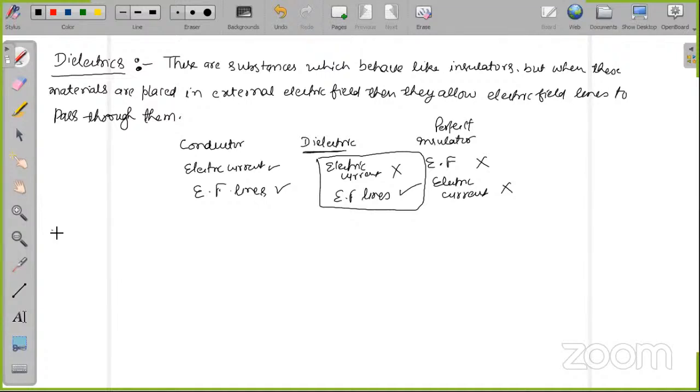So we know that dielectrics are of two types. One is called polar dielectrics, the other is called non-polar dielectrics.